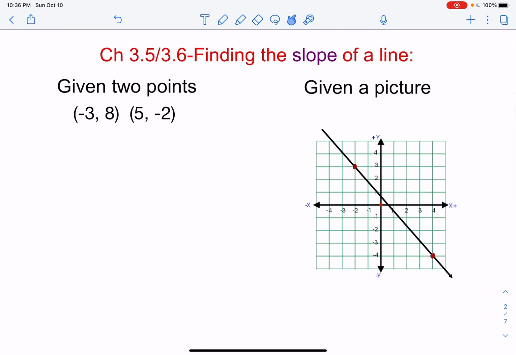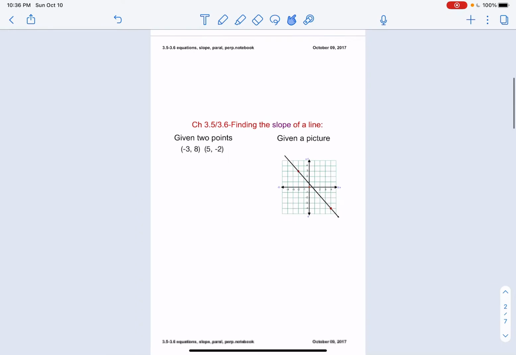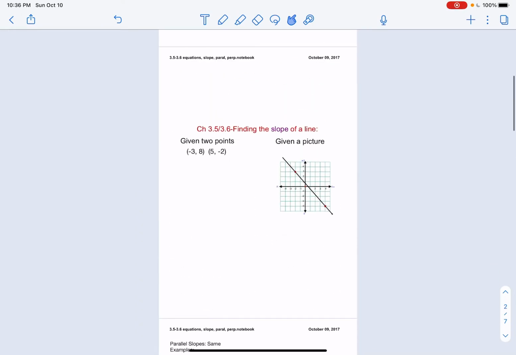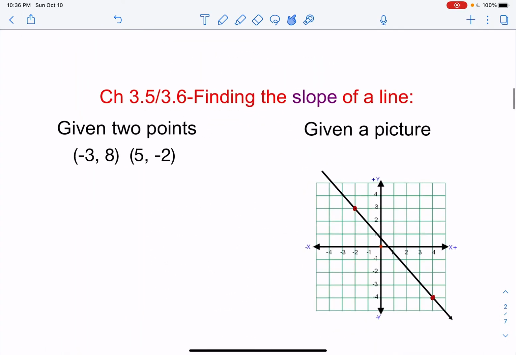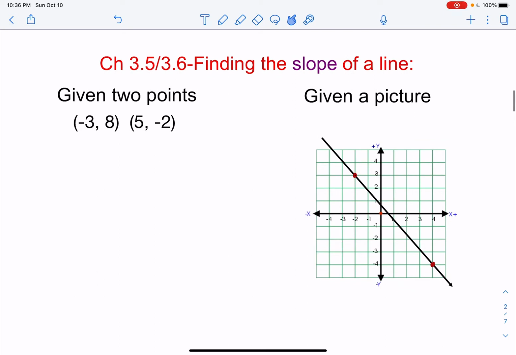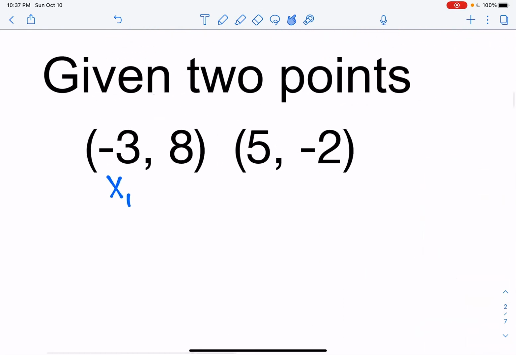All right, finding the slope of a line. We're given two points here. So for this, if I'm given two points and I just pick two random points, (-3, 8) and (5, -2), when you label them, remember the first value is always x.